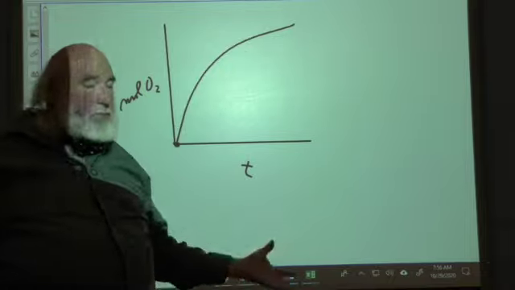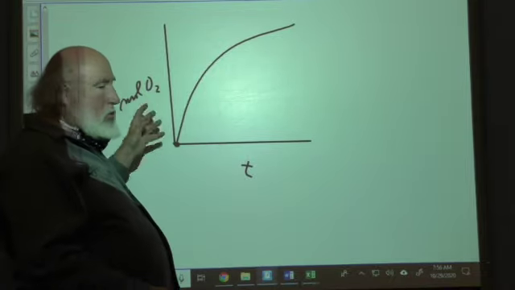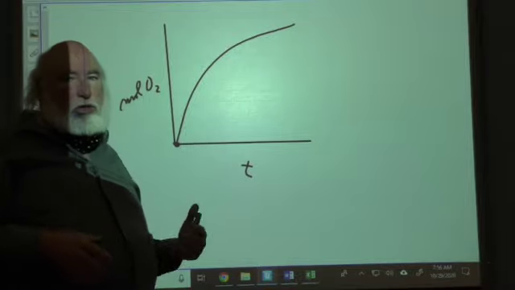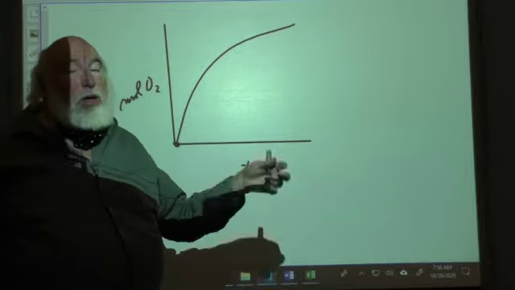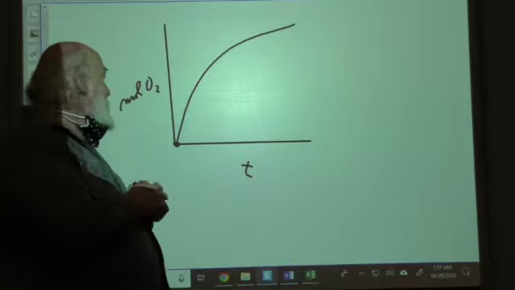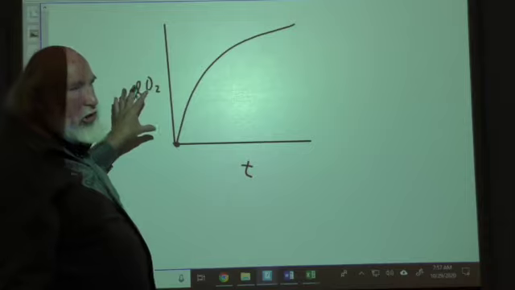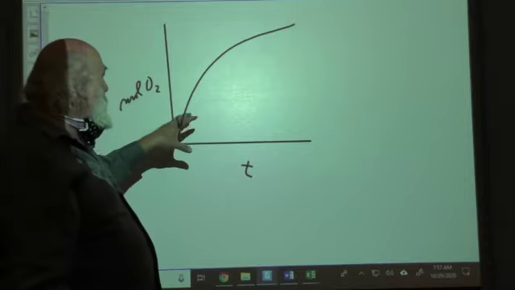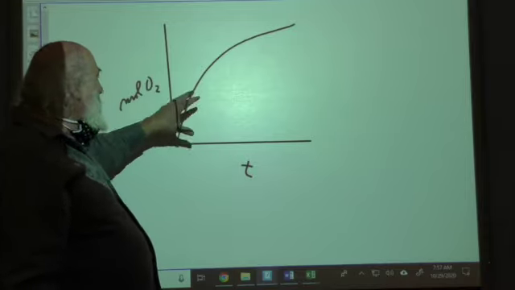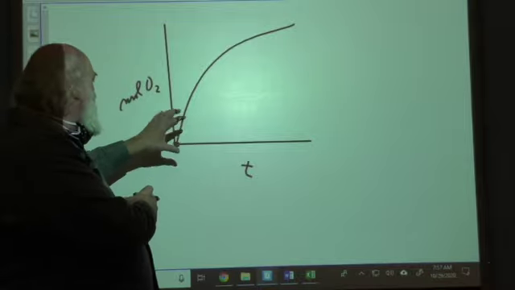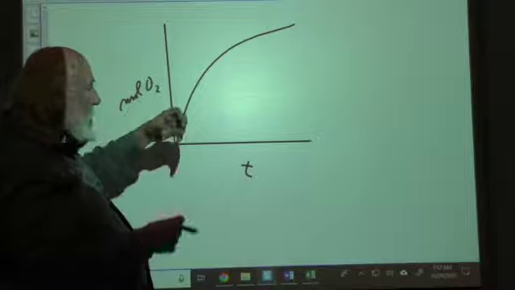And the reason for that is that as the molecules are created, you're creating more molecules in the way of a reaction to occur. Now, how does a reaction occur? It occurs by collisions. So if you have other particles reacting and you're creating oxygen as a result of that reaction, then the oxygen molecules created start to get in the way.